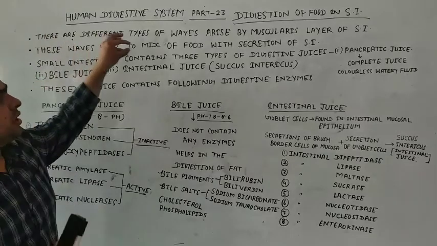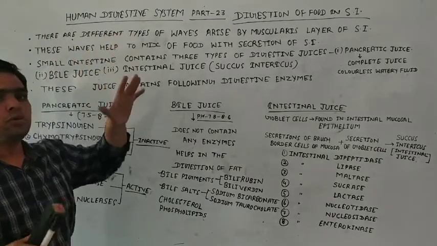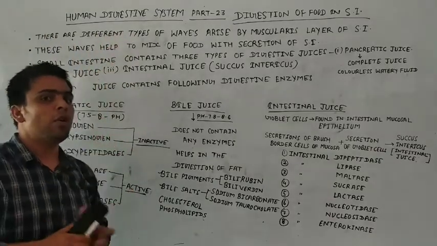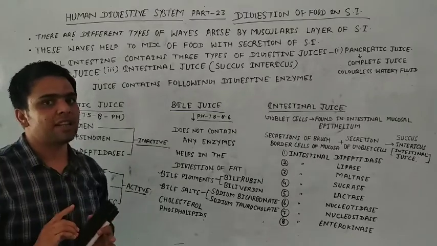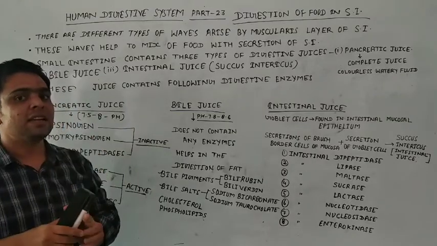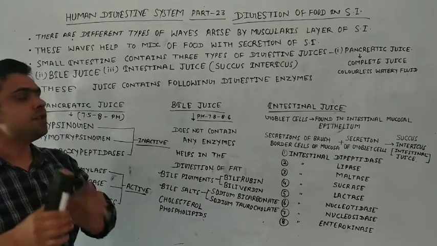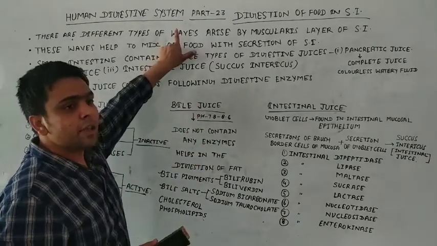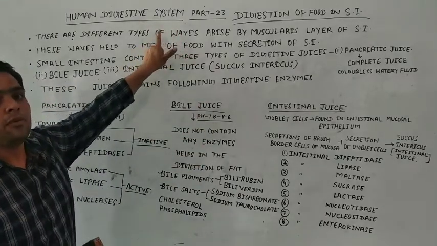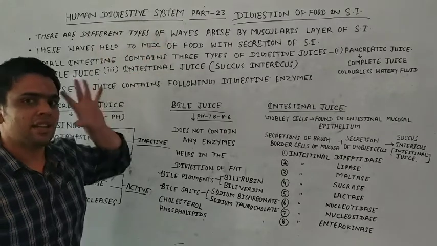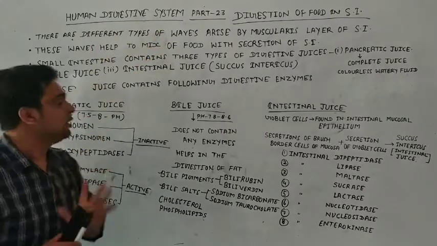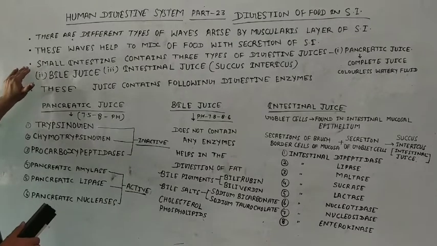That is the reason behind how mixing of food takes place in our small intestine. These occur due to wave-like contractions and relaxations. Very much clear. Come to the next point.